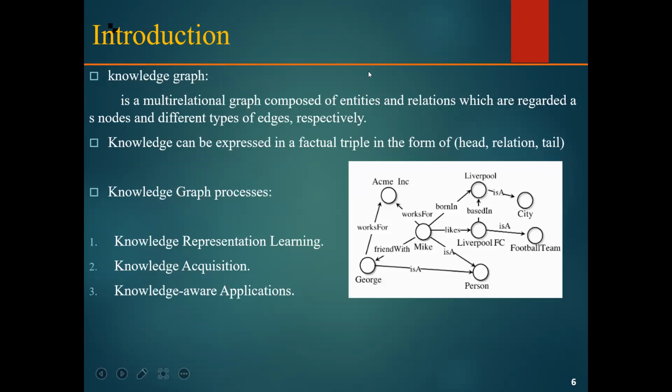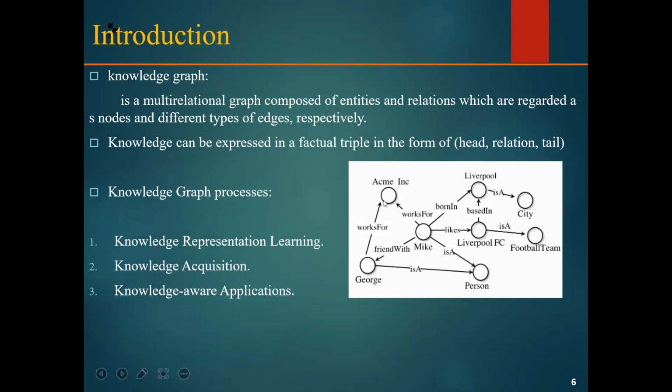So we want to start with what exactly the knowledge graph is. The knowledge graph, or the semantic network, as we can also say, is a network that represents real world entities.